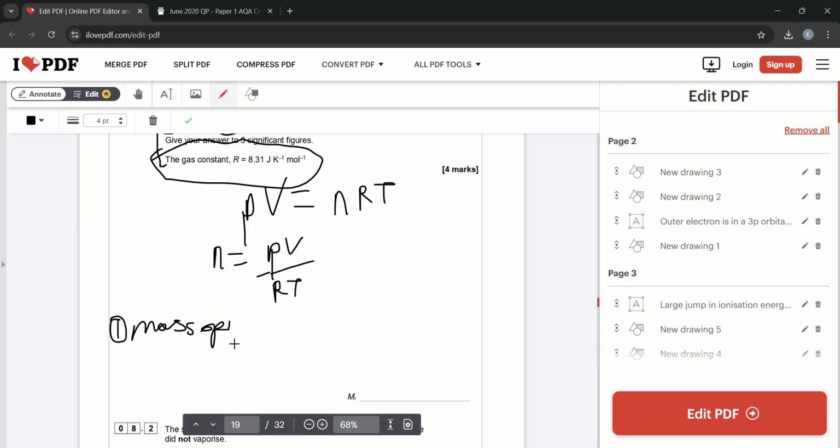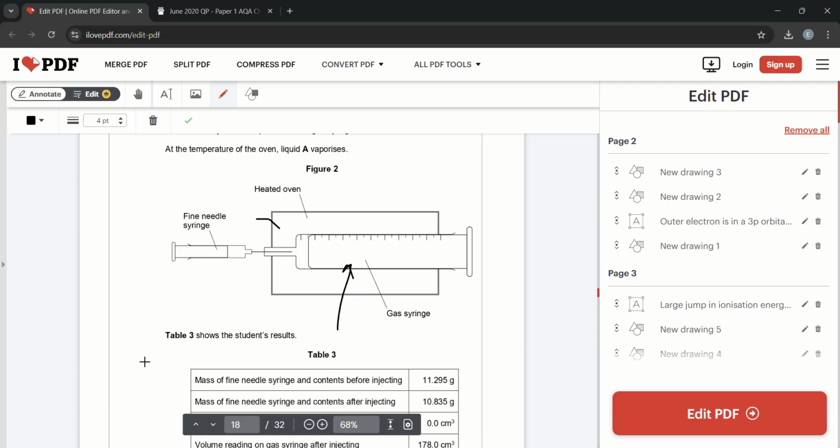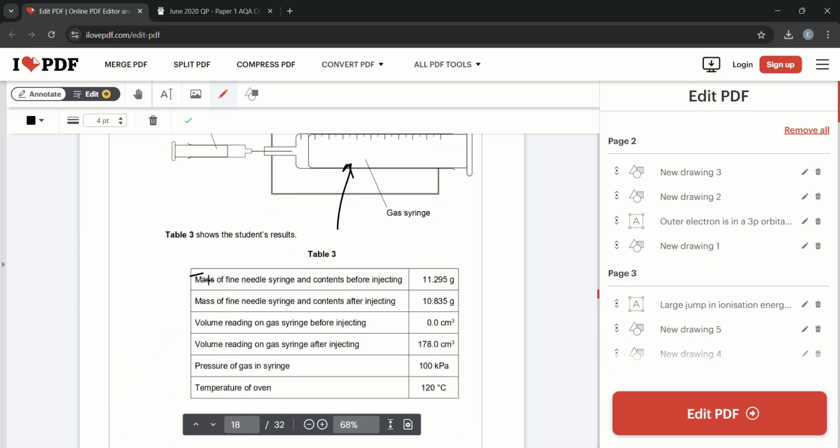The mass of A equals, well, these two are our mass values: the mass of the fine needle syringe and contents before injecting, and after injecting. All we're going to do is subtract these values.